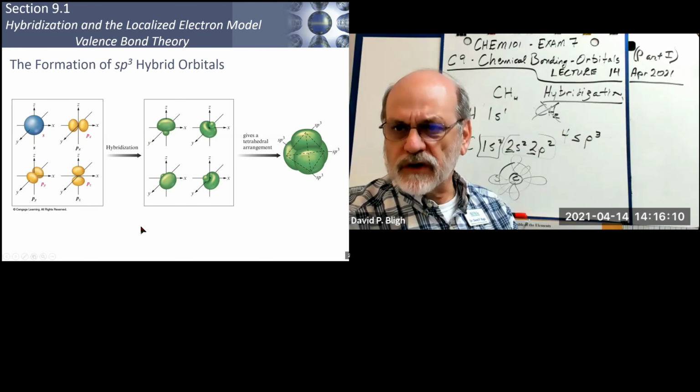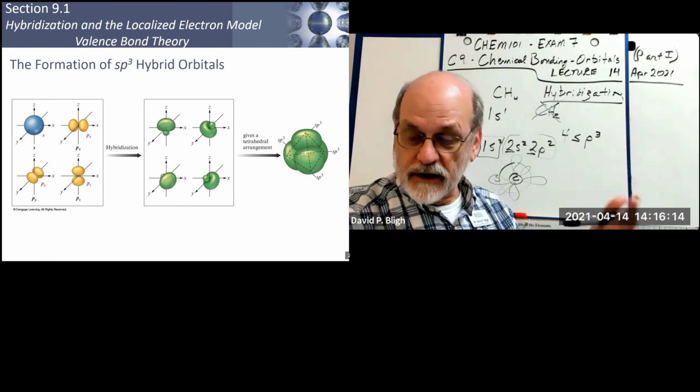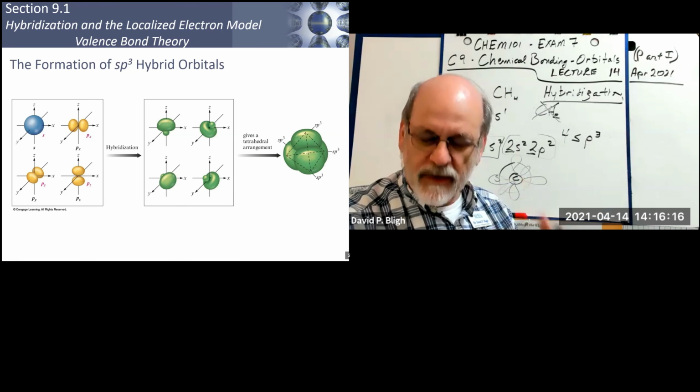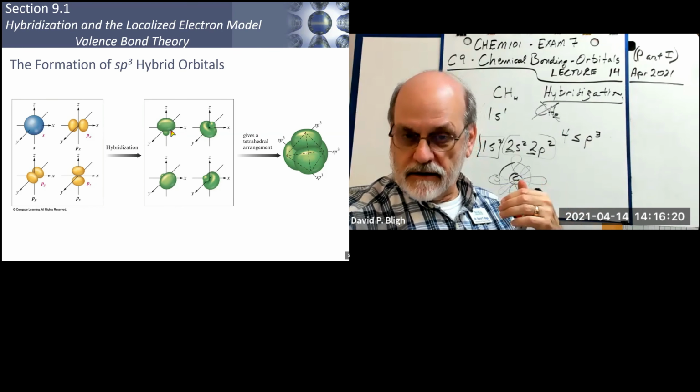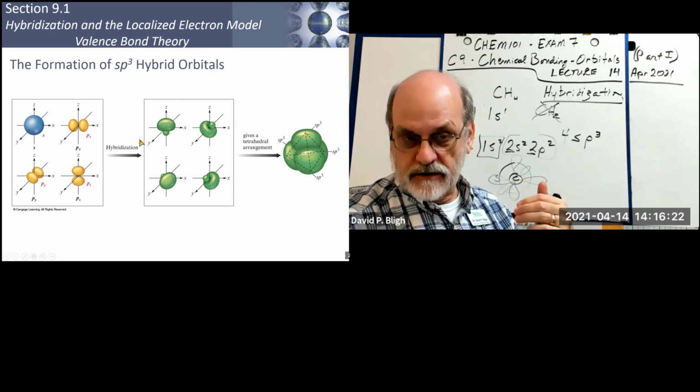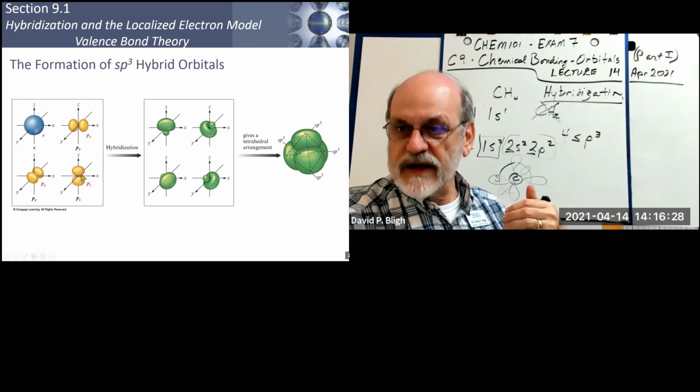And they have a different look to them, right? I mean, the quantum mechanical formulas and the calculations yield a different appearance for the orbitals. Here you have the spherical s, and here you have the dumbbell-shaped p orbitals.